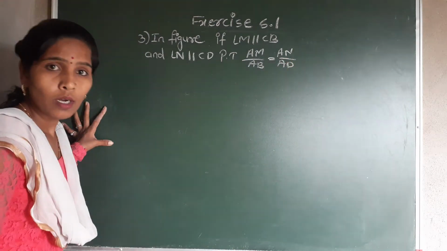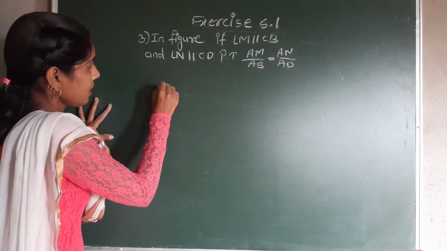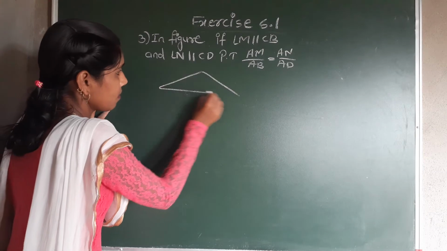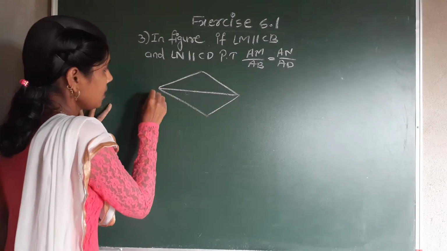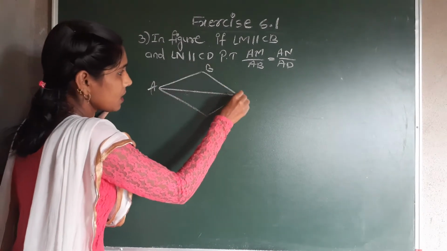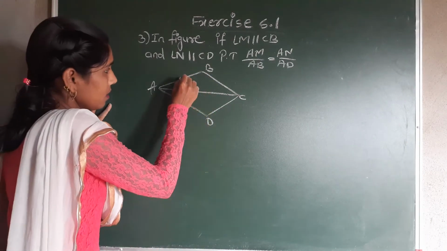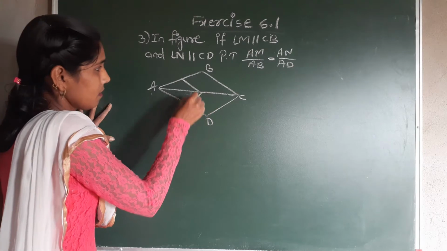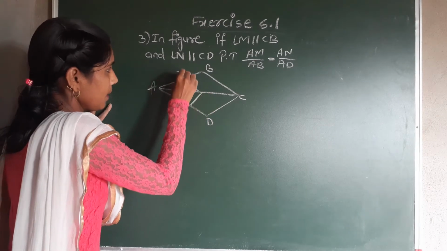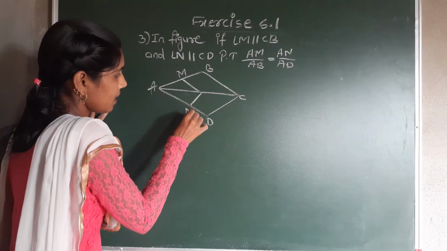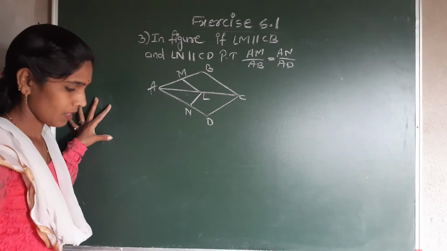We have to prove this. Here figure given, A, B, C, D, and this is M and this is N.